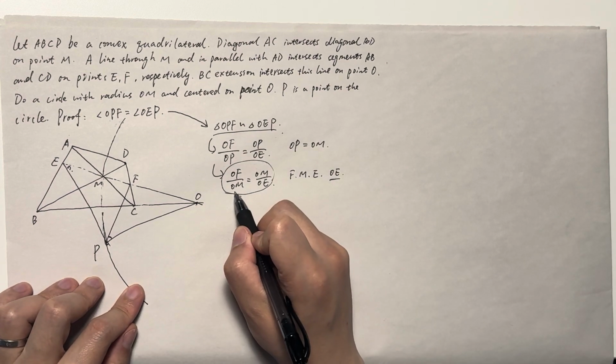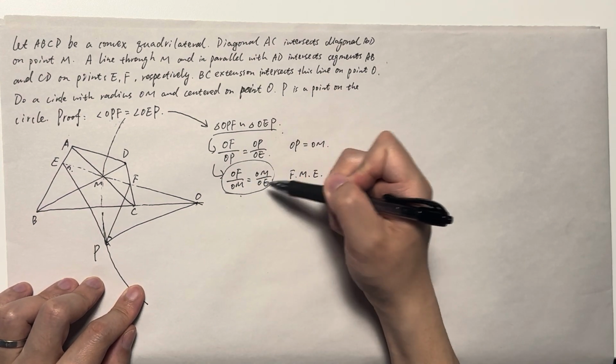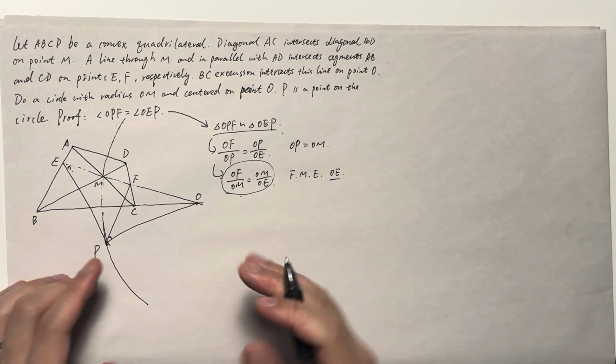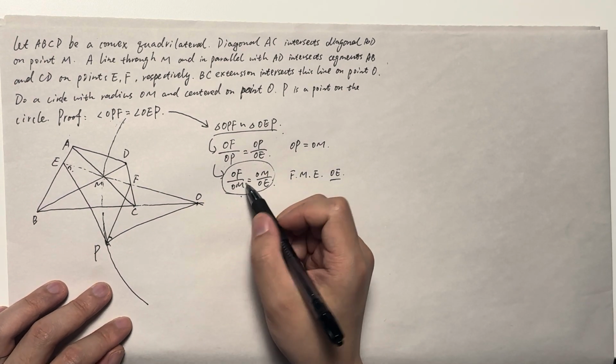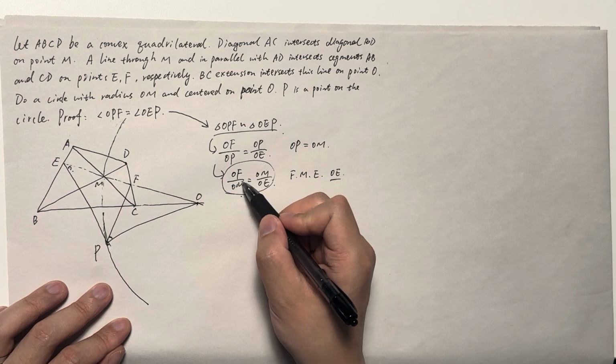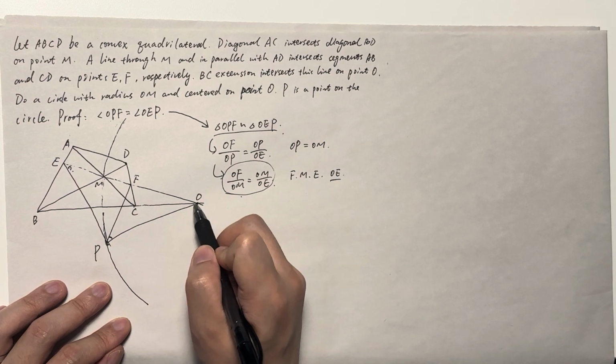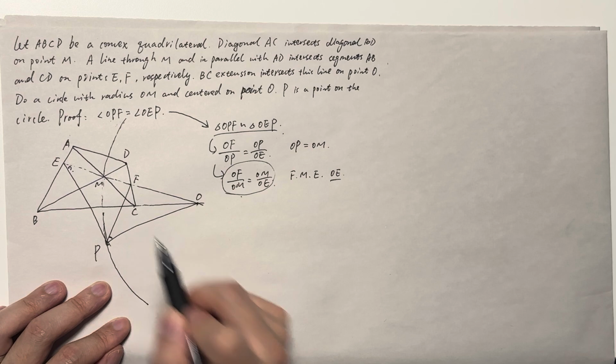We need to put the ratios in separate equations, which means we want to find where we can get the ratio OF to OM.